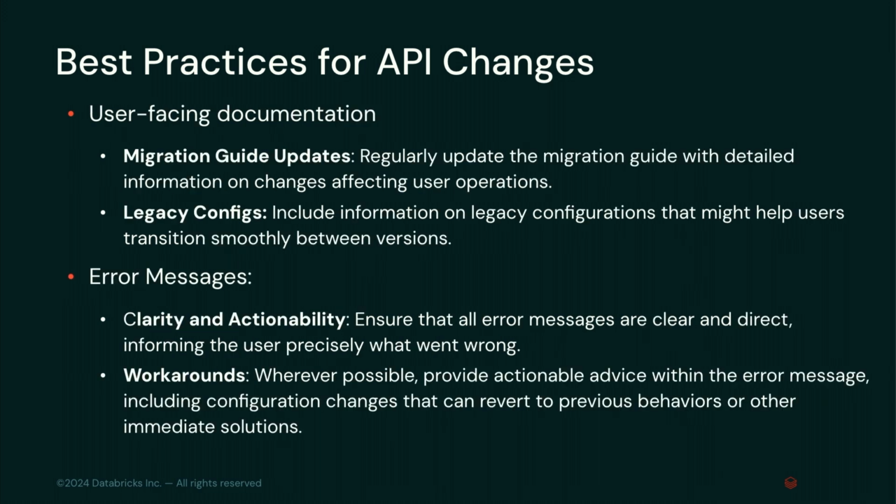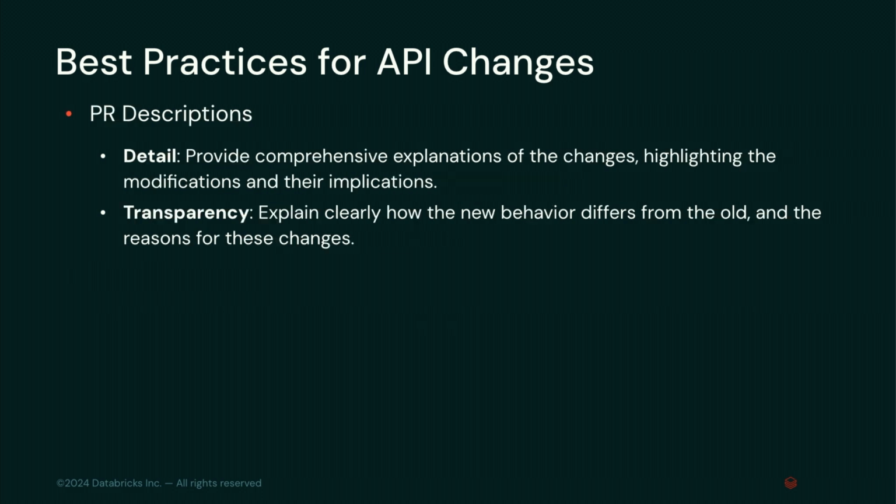We will improve the user-facing documentation, update the migration guides, add the legacy config, improve error messages, make them clear, and provide a workaround. And in the open source community, we will improve the PR description, provide more details, the reason, and the context, and make it very transparent to everyone.